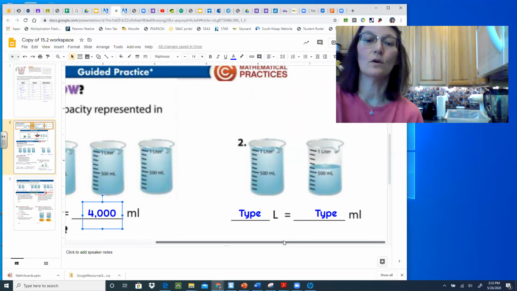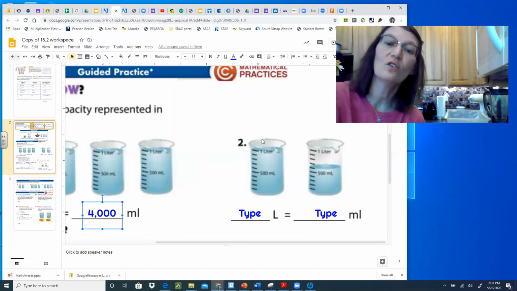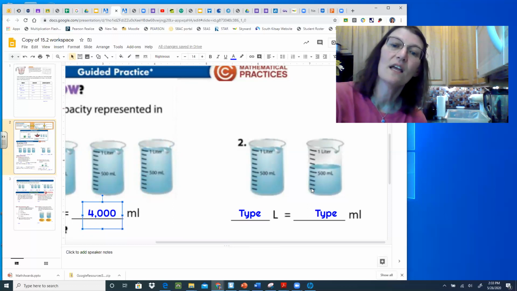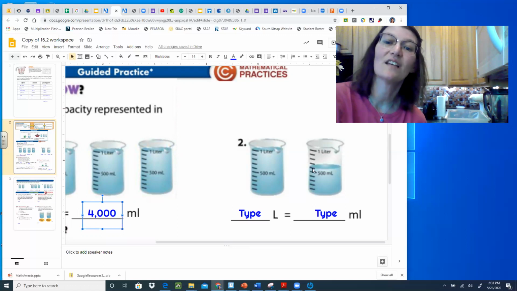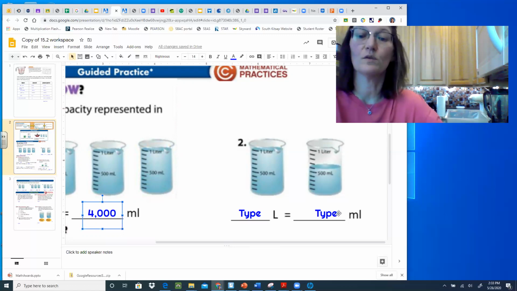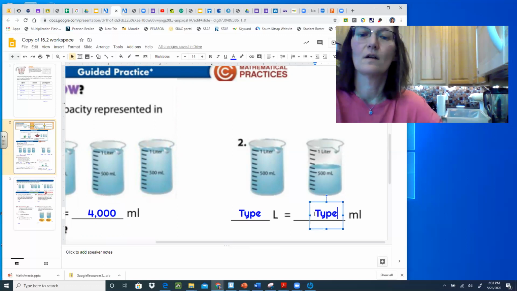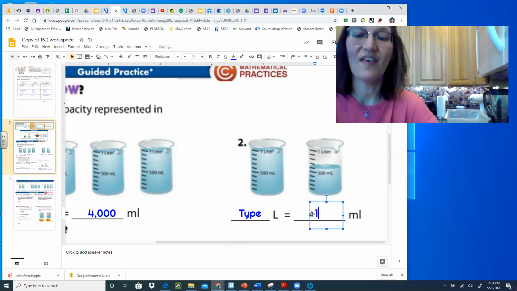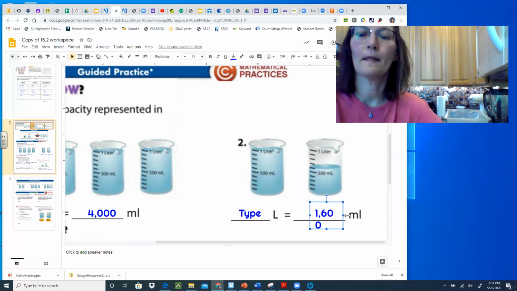Okay, number 2, we have 1 full liter, and then 100, 200, 300, 400, 500, 600. So we're going to do this part first. We're going to do the milliliters first. So we have 1,000, oops, I don't need a space there, 600 milliliters.